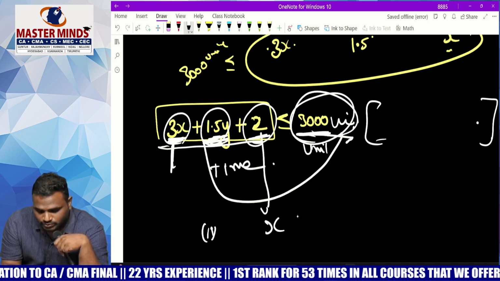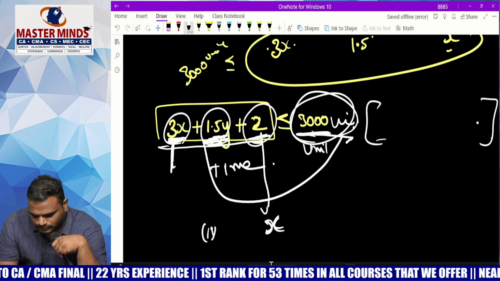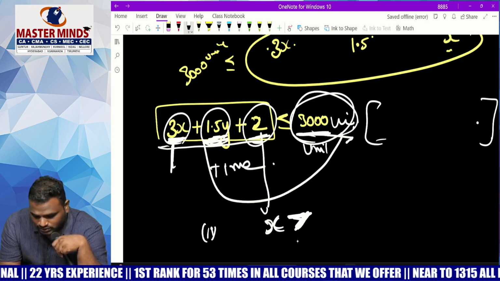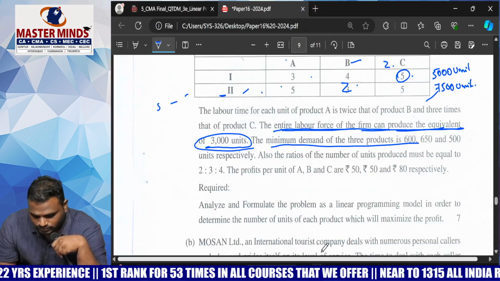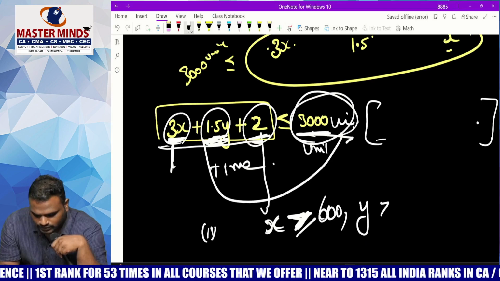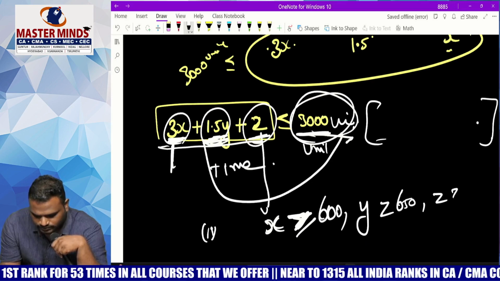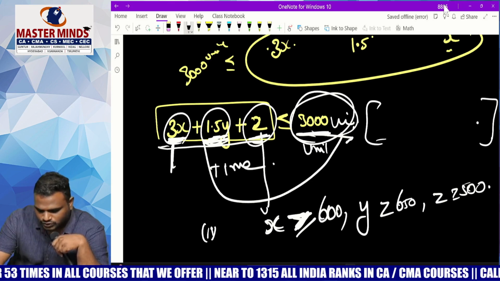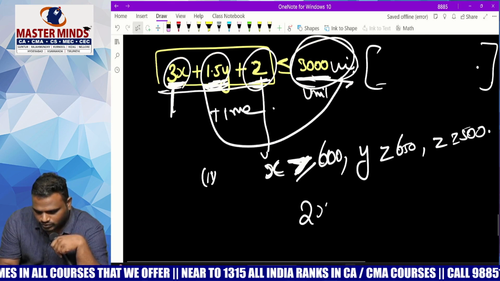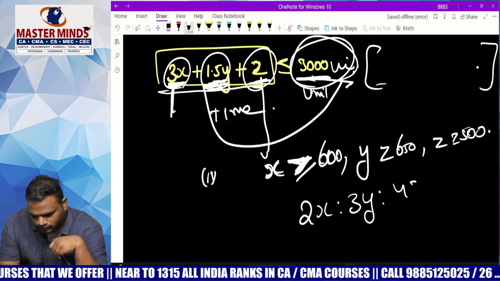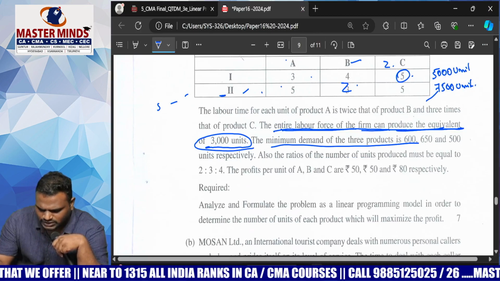How many units are you producing? X, how many units are you producing? Minimum you have to produce greater than or equal to 600. Y, 650. Z, 500. Okay, what is the ratio? 2x is to 3y is to 4z. What is the maximization of profit?